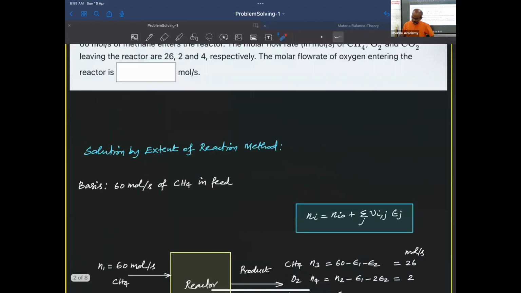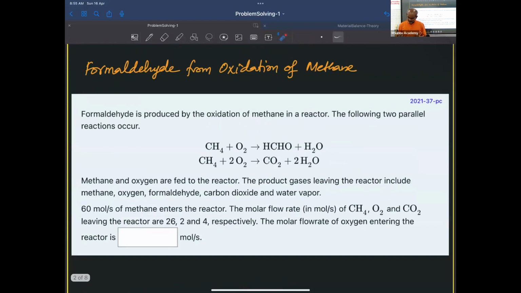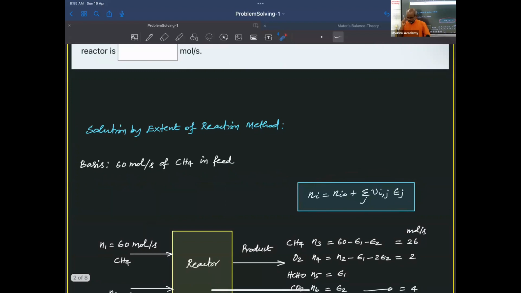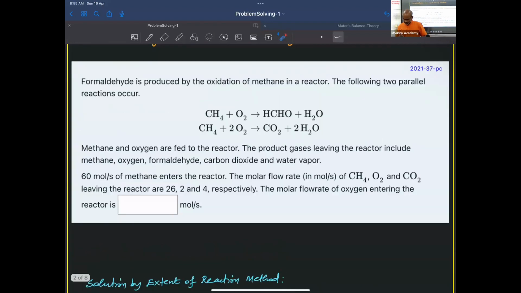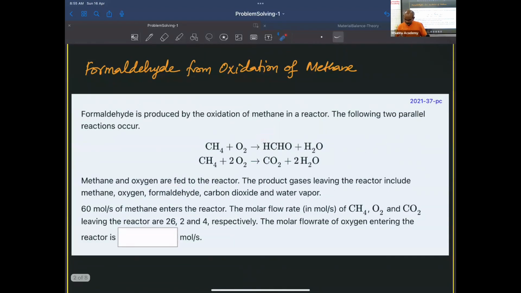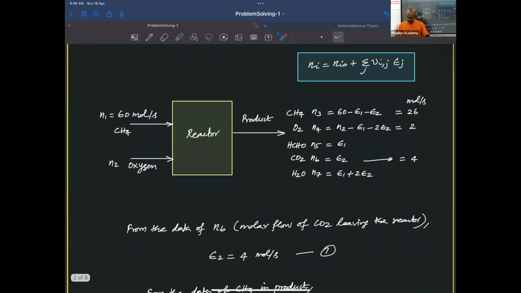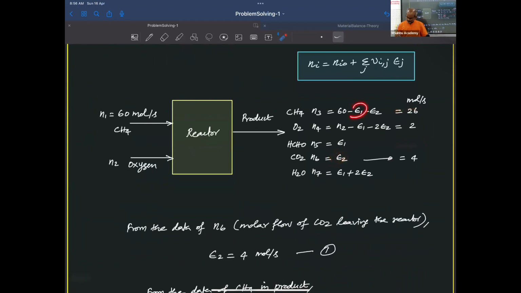Here we didn't worry about these reactions. Simply we wrote these moles. To write this, we should know only the stoichiometric coefficient with a proper sign, and the extent based on the first reaction and the extent based on the second reaction. The extent of 2 is available from the data of CO2, and using that I substitute here and solve for E1.